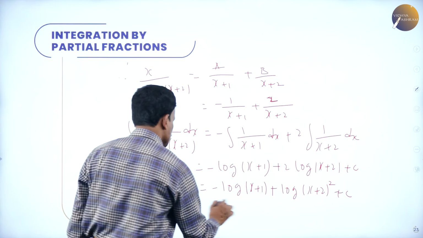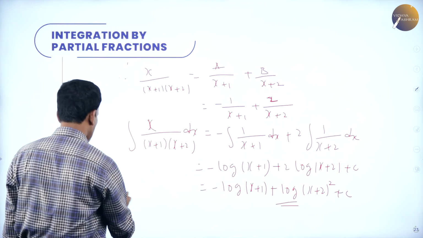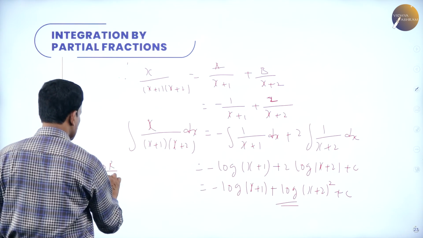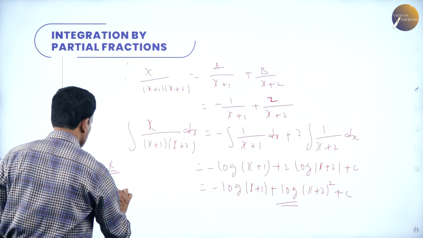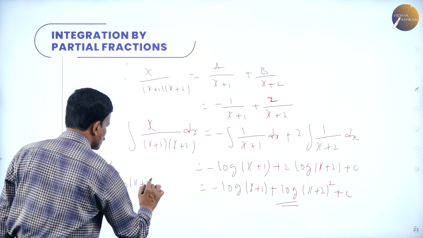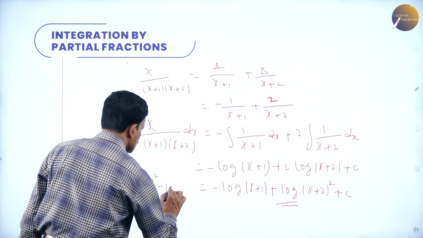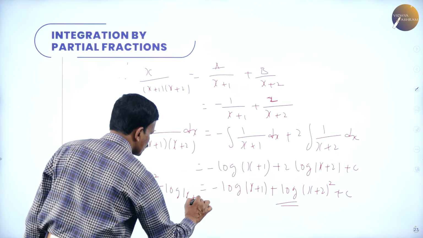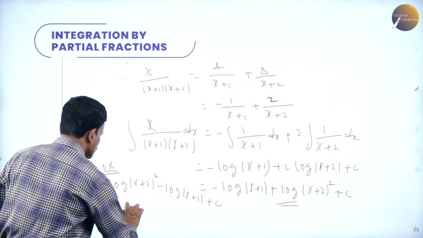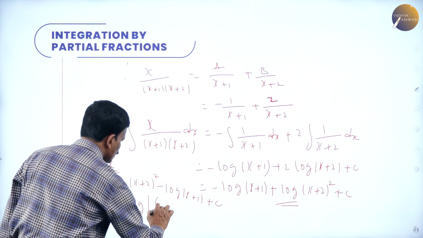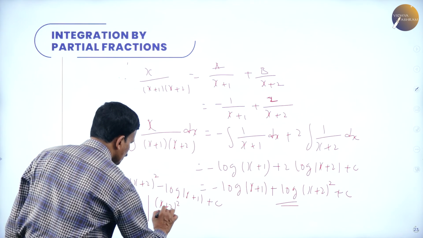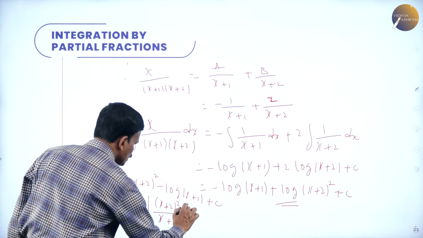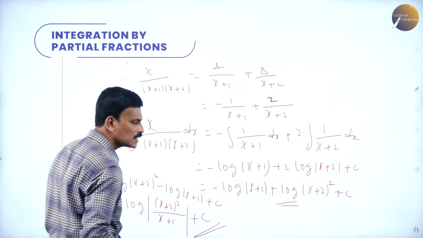You can stop here itself, or if you want, you can interchange and write log of x plus 2 whole square minus log of x plus 1 plus c. Or this can also be written as log of m by n, x plus 2 whole square divided by x plus 1, plus c, which is the integrated answer.